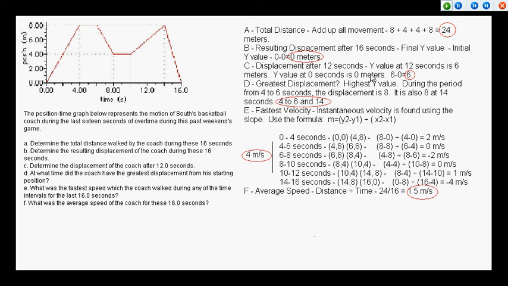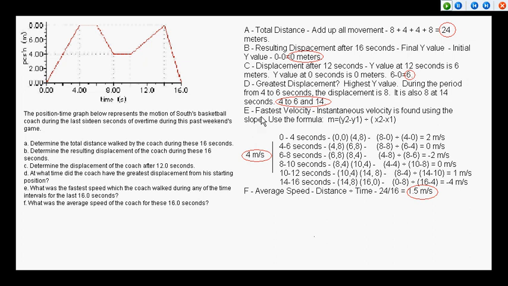So you can really just figure that out by looking at it, but the highest y values are from 4 to 6 and at 14, so that's the answer. 4 to 6 and 14.